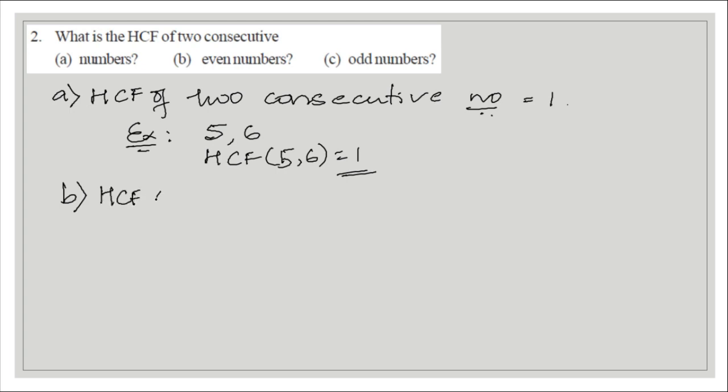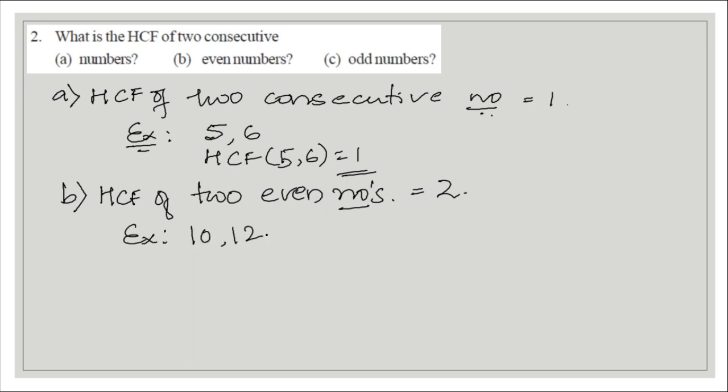What is the highest common factor of two even numbers? Whenever two even numbers are there, their highest common factor is 2. So for example, if I consider 10 and 12, the highest common factor will be 2. The reason is, if I divide 10, we get 2 times 5.